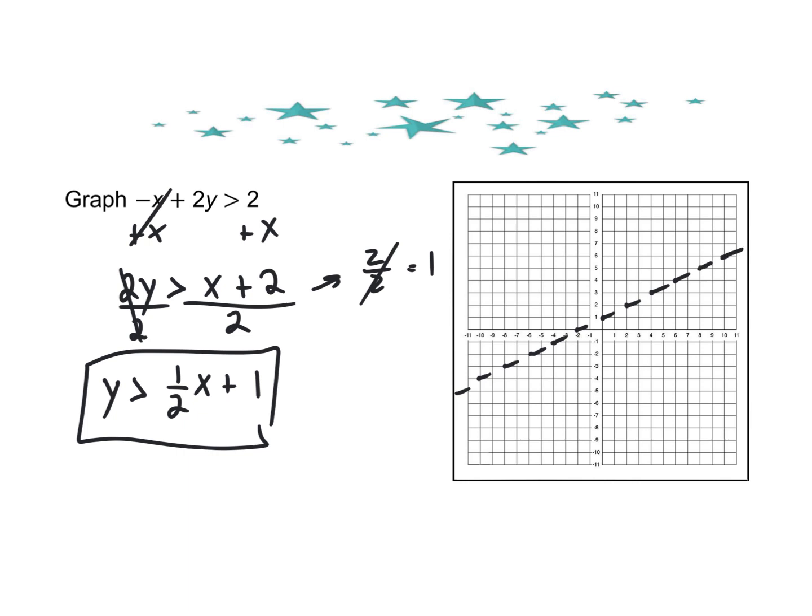Again, just dotted. As long as it's not connected, you guys are good. Now, the second thing I'm going to do is notice they're saying y is greater than. So we want to make sure y is bigger. So look, going from the y-intercept, which is always my best point of reference, I notice the y's become bigger as we move up. So I'm going to go ahead and shade upwards of that line.